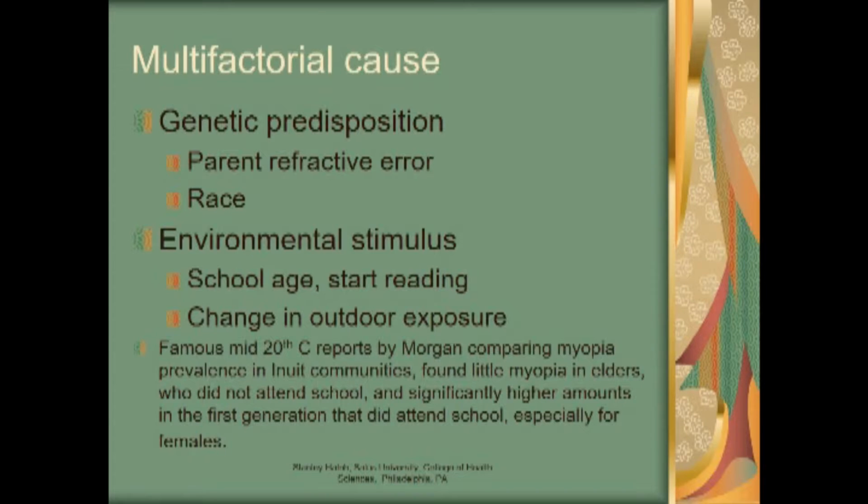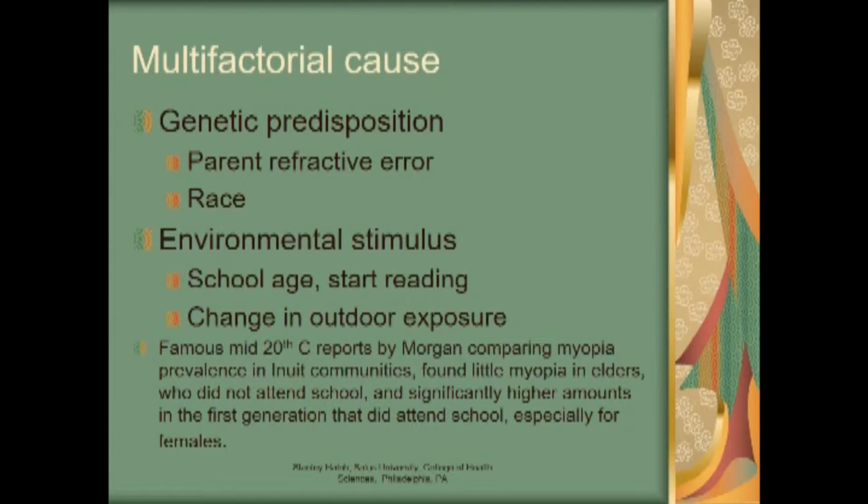Just a sidebar, there were some famous mid-20th century reports done by Morgan who compared myopia prevalence in Inuit communities before and after the United States instituted reading in schools for the communities. The elders who had not learned to read or received formal schooling had almost no myopia, but the children in the community that were the first generation that attended school did develop much, much higher amounts of myopia.